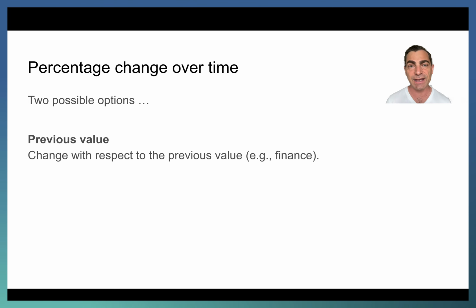For example, in finance, if I'm looking at information about the stock market, it's very common to see something in relation to how much it has changed in percentage compared to the previous time. So if I have something like 5%, 5%, 5%, 5%, and so on, it means that something is continuously growing, even if that plot is going to show a somewhat flat trend, because that trend is in terms of percentage.